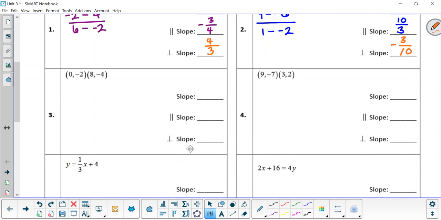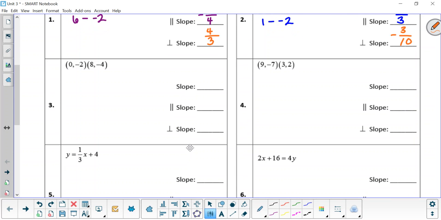Okay, let's move on to number 3. We'll do this one together. So again, I have my 2 points, x1, y1, x2, y2. Set up my fraction. y1, negative 2, minus y2, negative 4, bottom 0, minus 8.